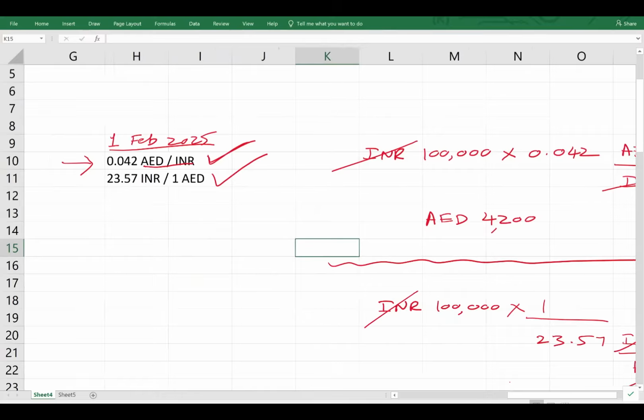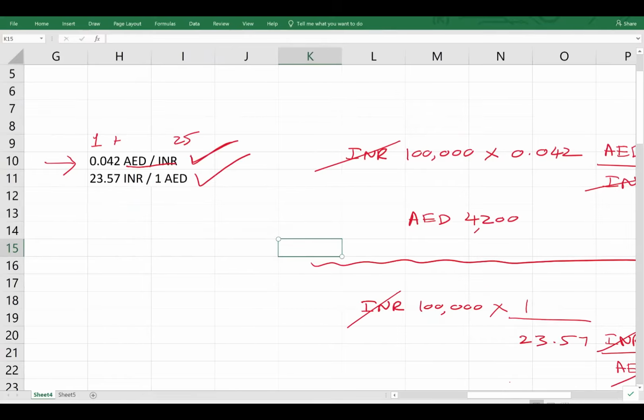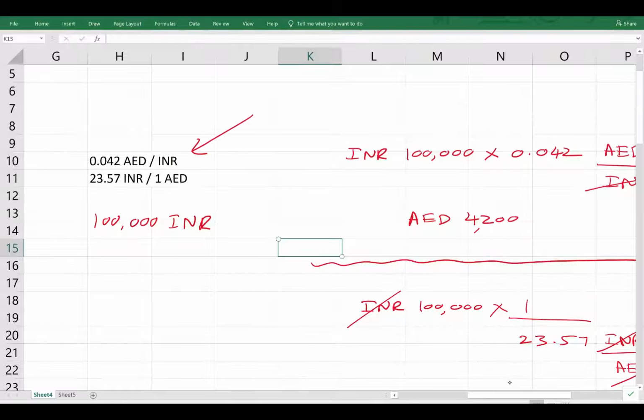So see, the currency that you are going to translate, whether you're receiving this currency or paying this currency, see what is the first currency of the exchange rate given to you. What's the first currency here? AED.